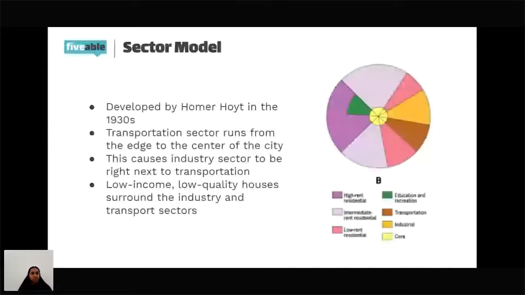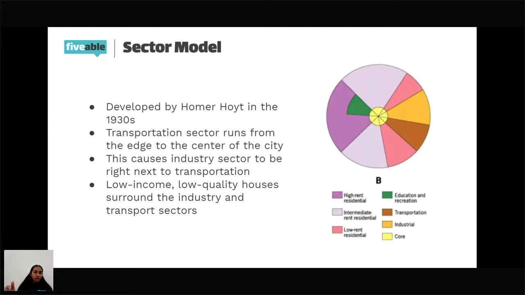So back to the sector model, the transportation sector is the dark orange sector, and it runs from the edge of the city to the center of the city. This is where all the trucks and trains that transport materials go. And this causes the industry sector to lie right next to it.